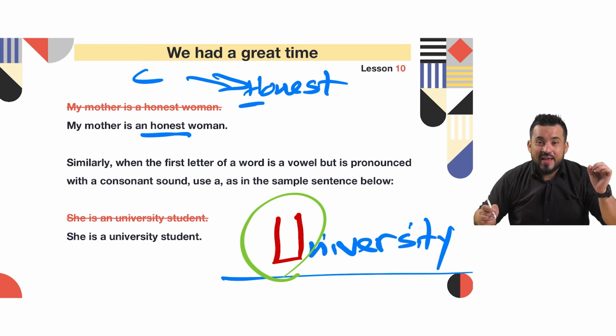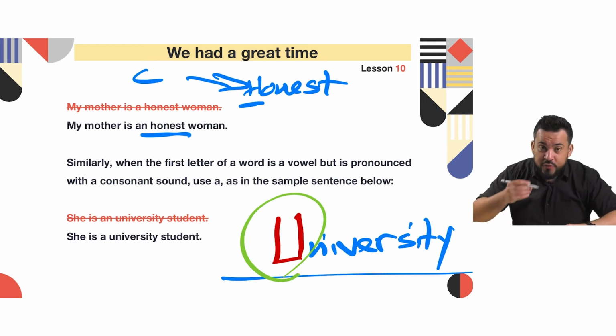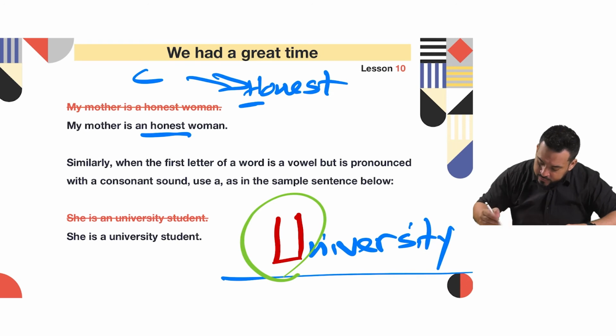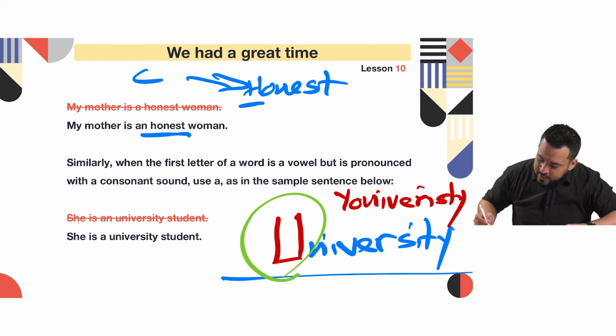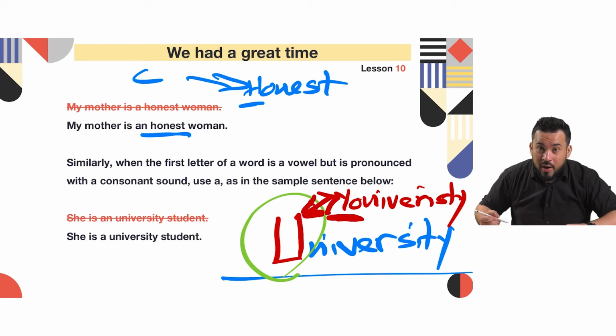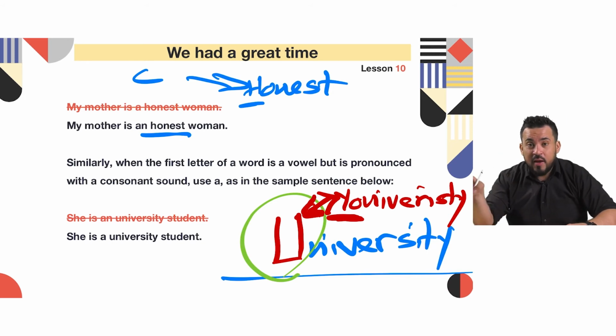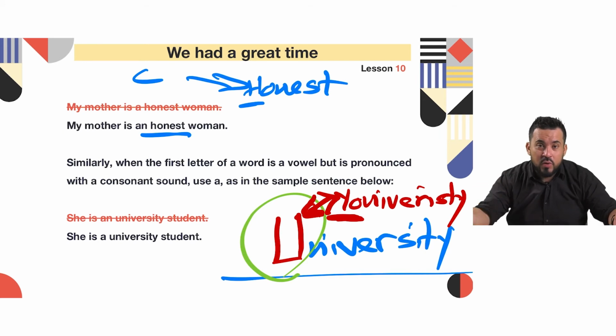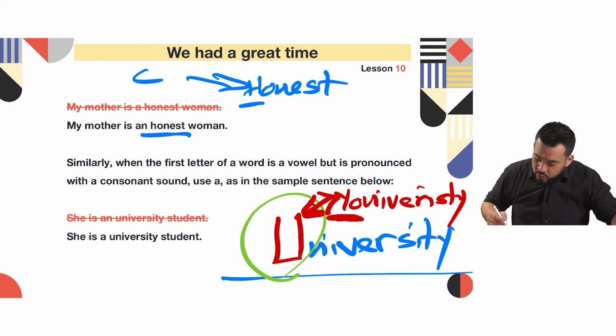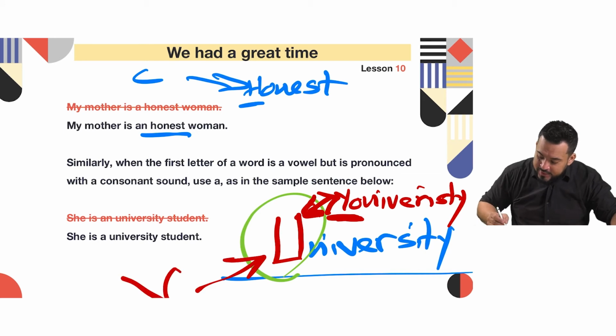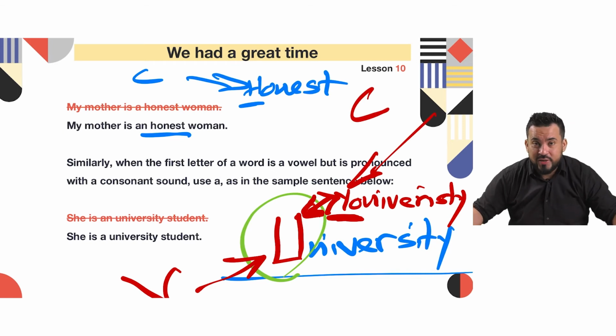But here it sounds like a Y, okay? So the letter U here sounds like a Y. A Y is a consonant, not a vowel. Therefore, we will not say an university, we will say a university. Although the letter U is a vowel, it sounds like the letter Y, and the letter Y is a consonant, so it will be treated like a consonant.